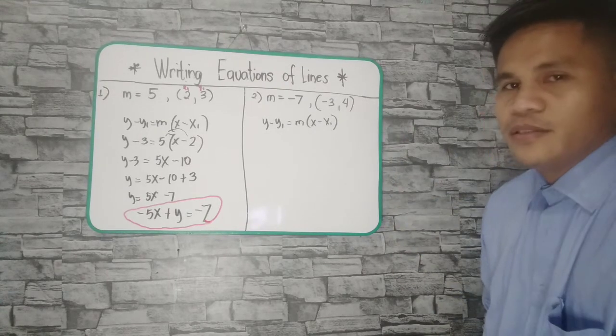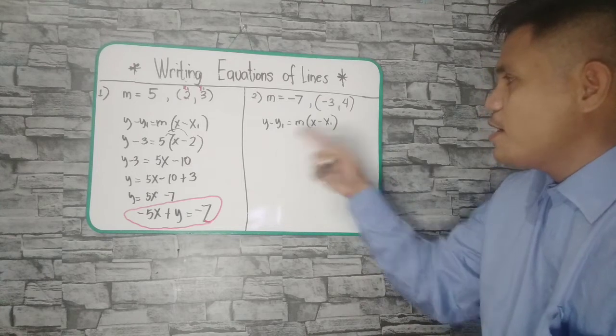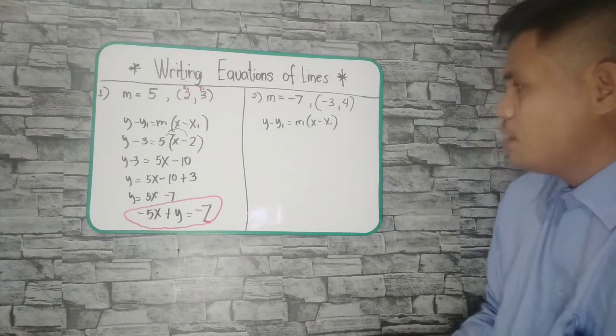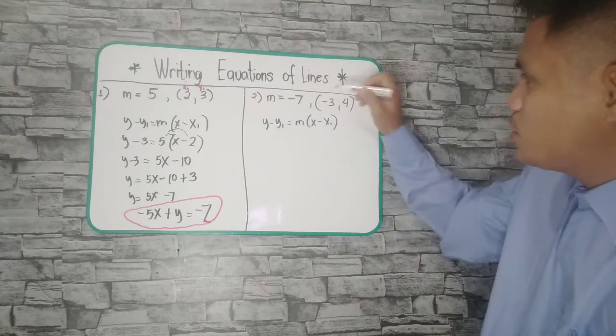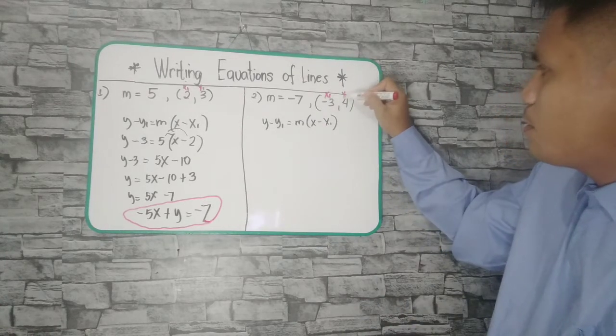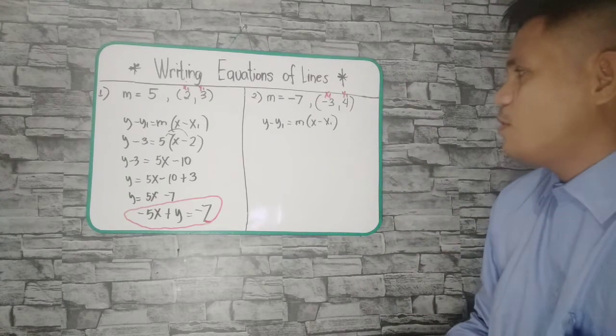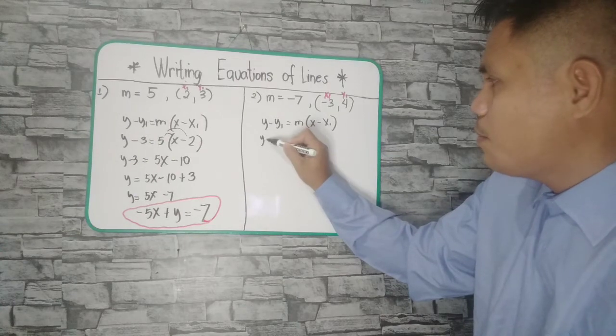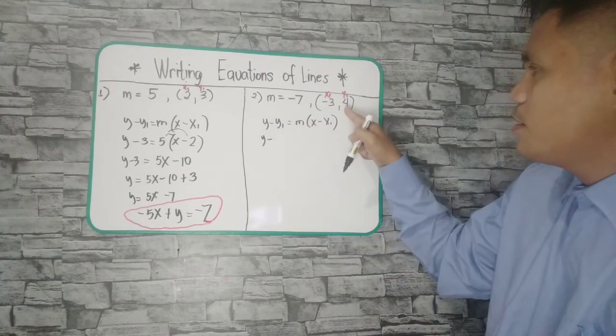So we're done with the formula. Let's substitute y1, m, and x1. What is our x1? This is our x1. This will be our y sub 1. Let's copy variable y minus, what is our y1? That is 4.